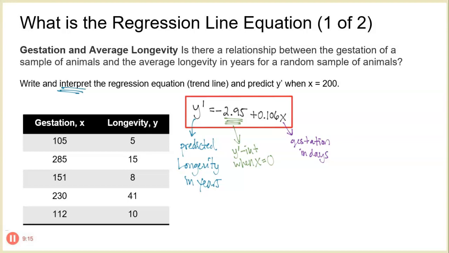And then the slope, this is the average increase in longevity in years per day. So it's like 0.106 years per day.